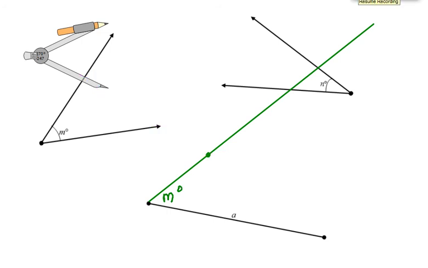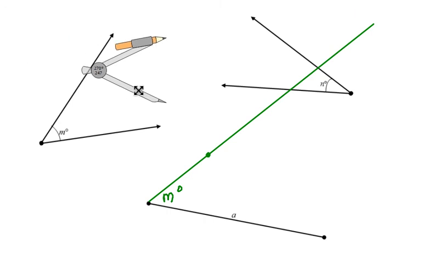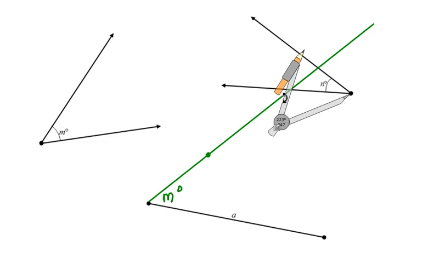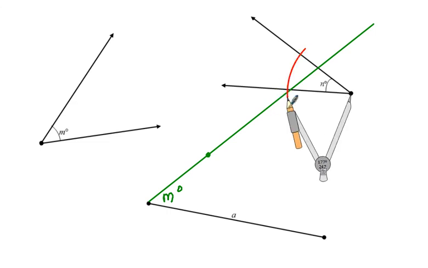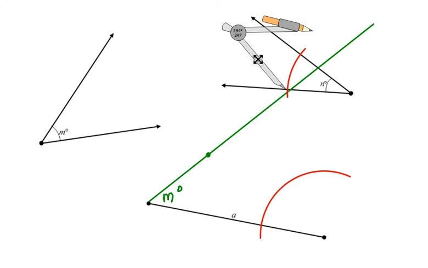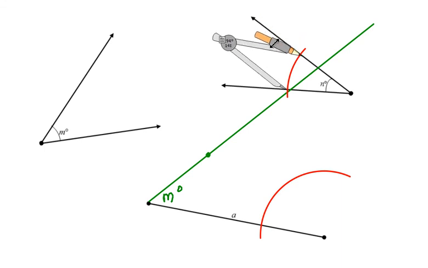Okay, in order to avoid any distractions with this next step, I've just cleared out everything except for the final ray. Next, I'm going to make a copy of the angle with measure N. So I'll make my arc here. I'll repeat that arc here. And we'll measure the span of this red arc and set our compass to that.